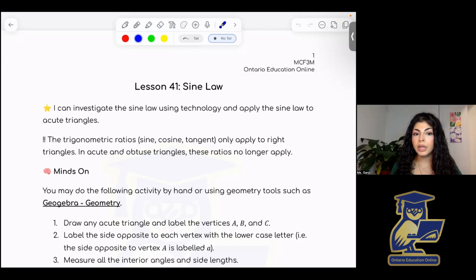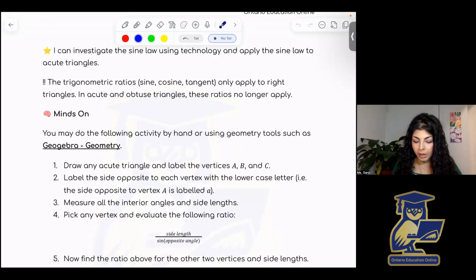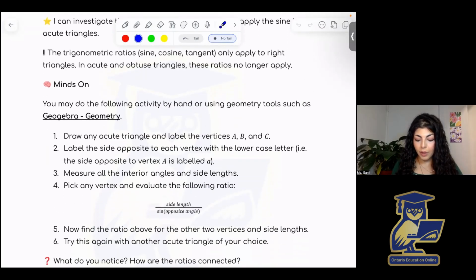And then we were able to apply the trig ratios. Now, when it comes to acute triangles, we want to be able to solve also for the side lengths and the angles, and we will be using sine law and cosine law. So you can try this following activity.